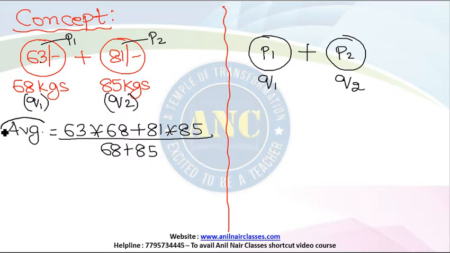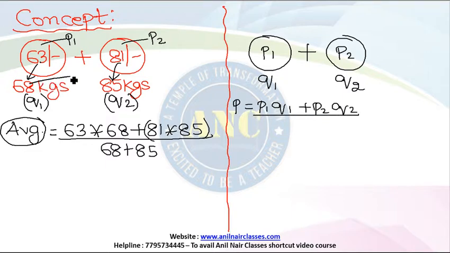Instead of writing average, I will call it small letter p. So p equals P1 into Q1 plus P2 into Q2, divided by Q1 plus Q2. Same thing I explained in mixtures, I am doing here also.